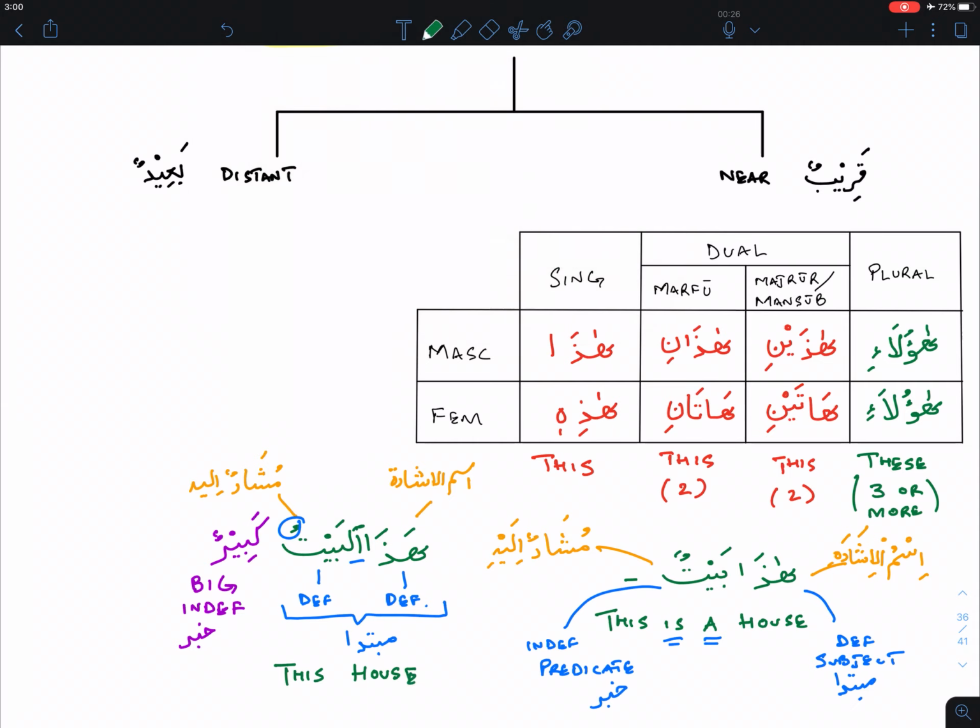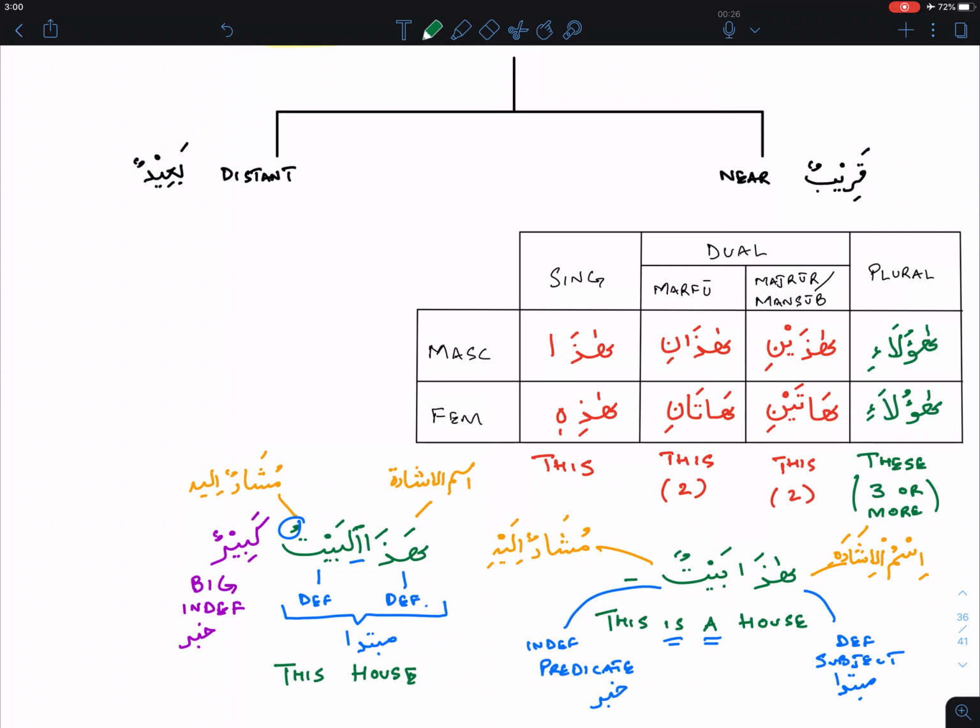This house is big. Okay, so inshallah, hopefully this is of use, and you have seen how the variation in the musharun ilay being definite and indefinite changes the translation. So inshallah we will have more associated discussions related to gender and number.